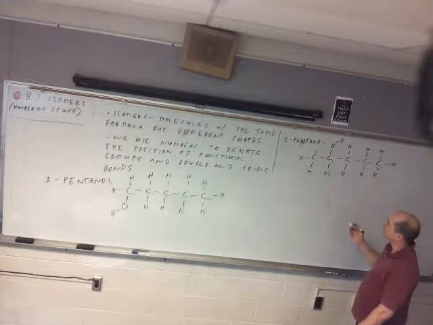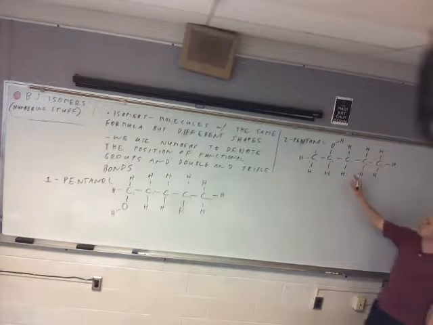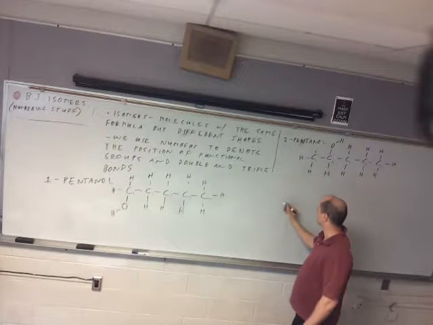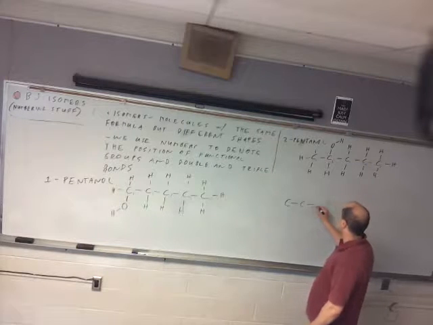Now, if I draw these for you and then I ask you to name them, then you start at whichever side the functional group is closer to. So let me show you. I'm going to draw one, and then we're just going to name it. So here's one.